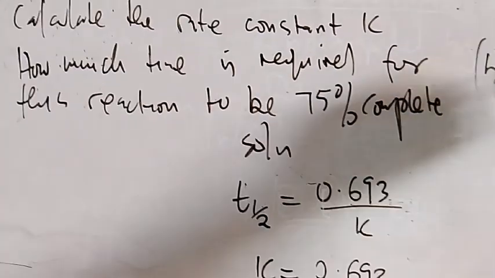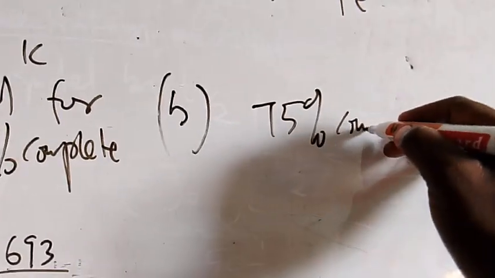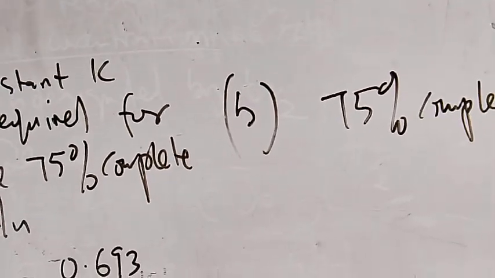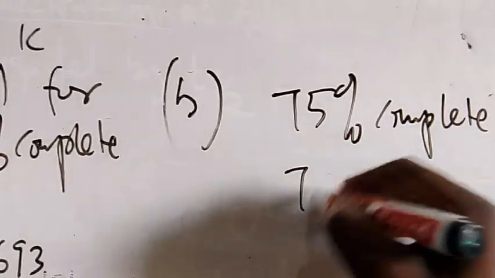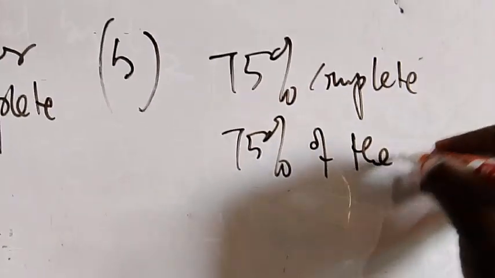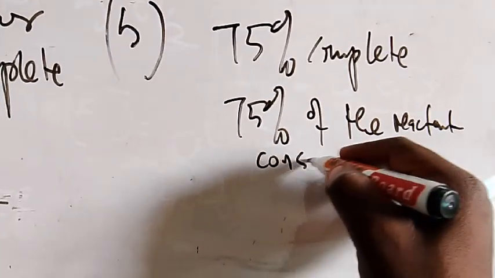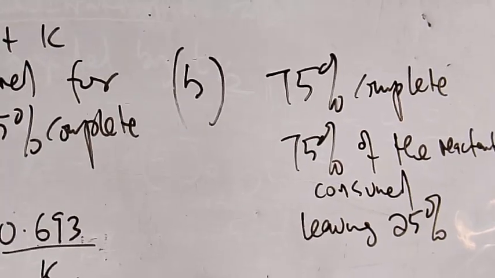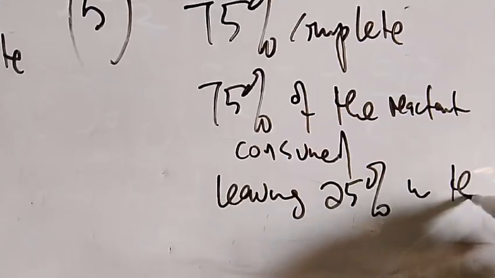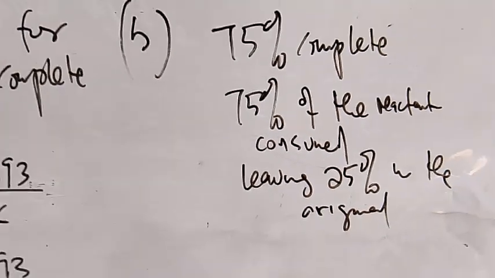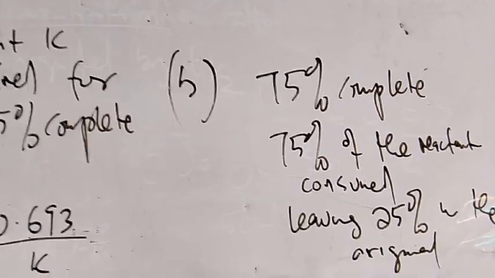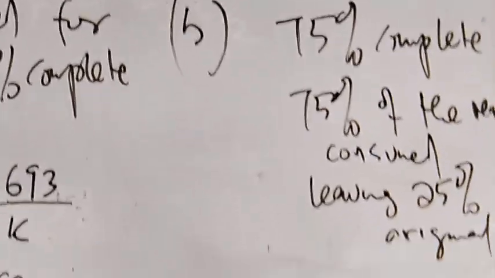If the reaction is 75% complete, it means 75% of the reactant has been consumed, leaving 25% in the original.